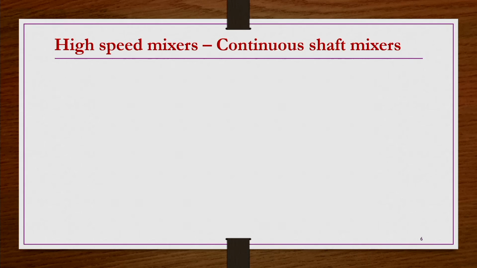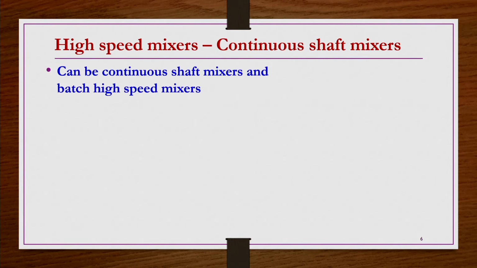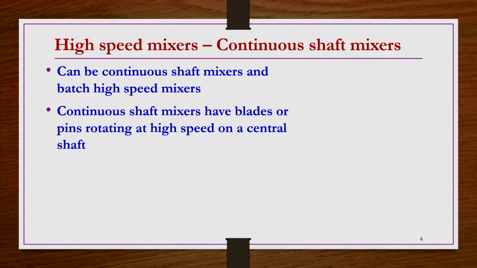Then high speed mixers are also possible in both continuous and batch mode. Let us start with the continuous shaft mixers. These high speed mixers can be continuous shaft mixers or batch high speed mixers. We will see a few details of both. Continuous shaft mixers have blades or pins rotating at high speed on a central shaft.